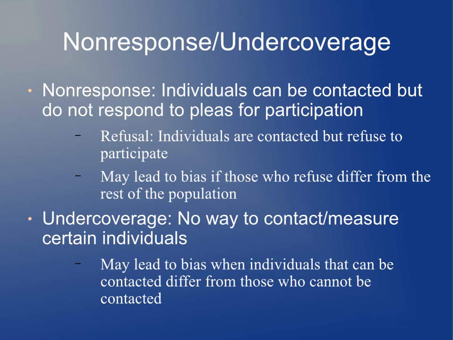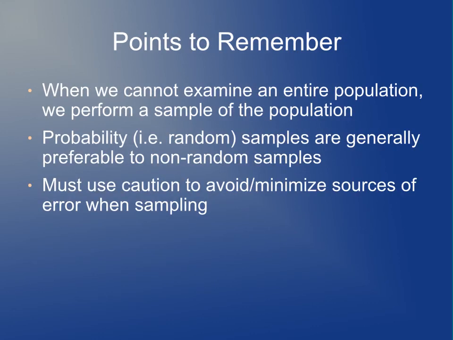Undercoverage is when there's no way to contact certain individuals. The Literary Digest poll is a good example of that, in that they only contacted people who had cars and phones. The people who they couldn't or wouldn't contact were very different from the set of people they did contact, which resulted in misleading results.